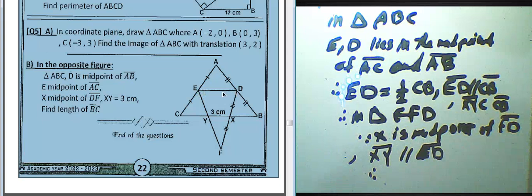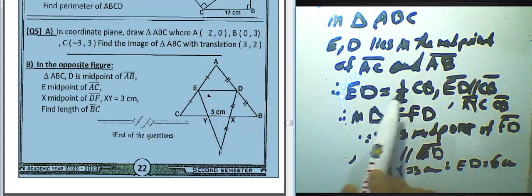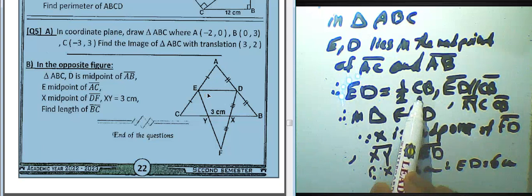ED equals 6 centimeters because in the triangle XY is parallel to DE and XY equals 3 centimeters, then ED equals 6 centimeters, and then we can prove that CB equals 12 centimeters because ED equals 6 centimeters, and we proved in the first step here ED equals half CB.